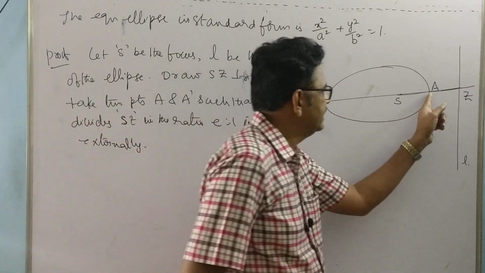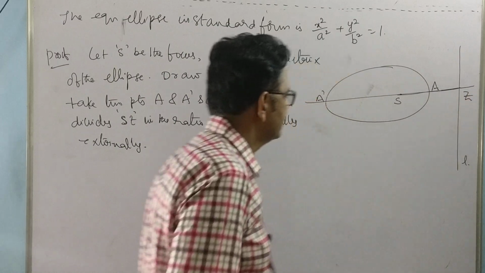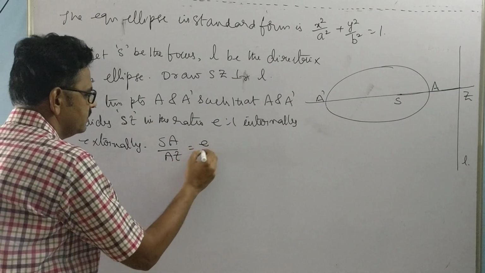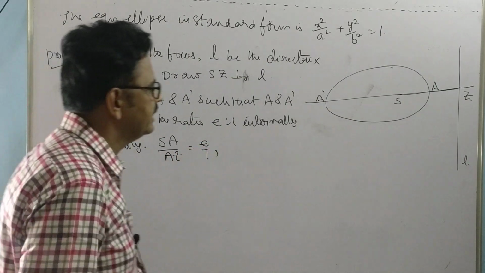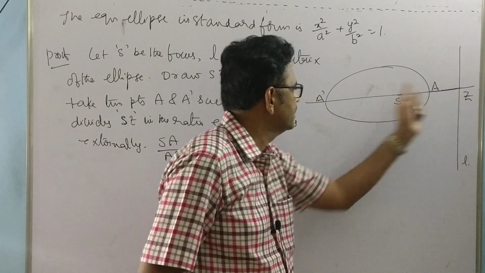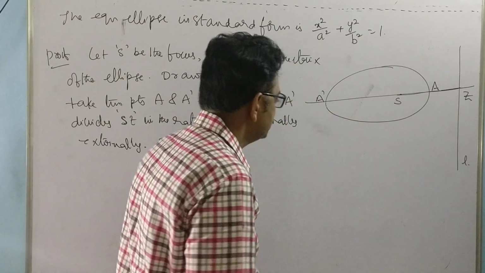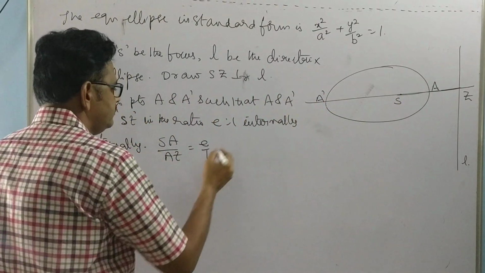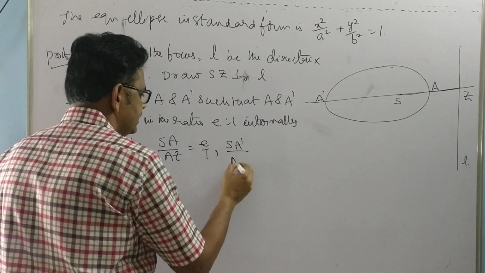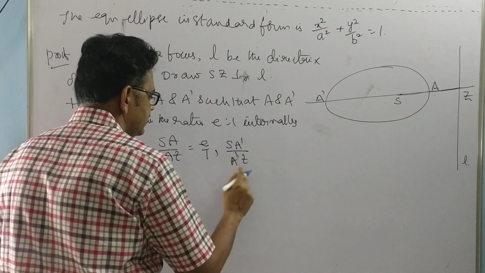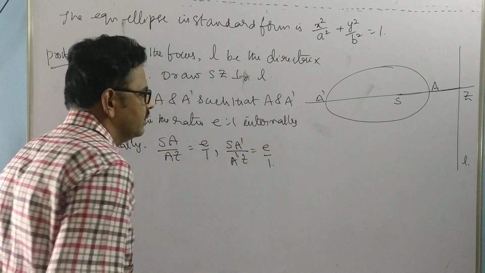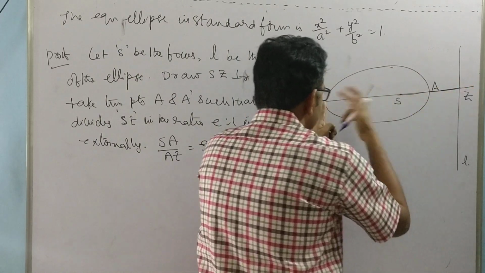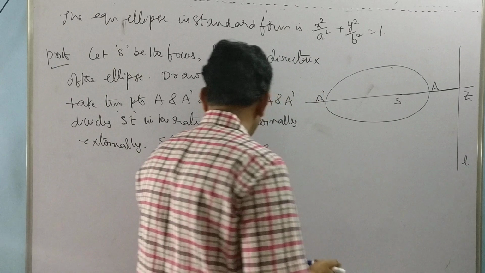That is, A divides SZ in the ratio E:1 internally, that means SA by AZ is equal to E/1, and A dash divides SZ in the ratio E:1 externally, that means SA dash by A dash Z is equal to E/1.